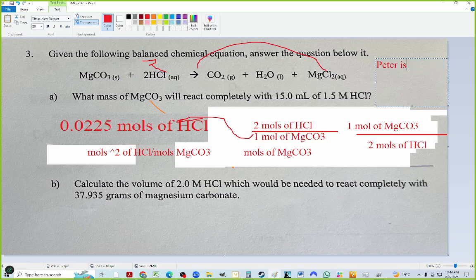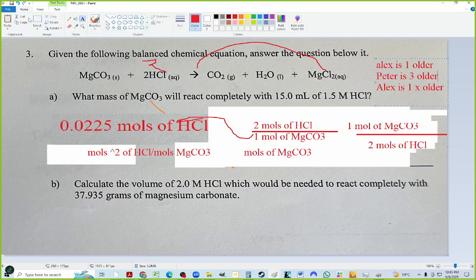Peter is 3 times older, Alex is 1 time older. But I can flip that fraction upside down. Alex is 1, Peter is 3, and it works as a fraction, 1/3, as well. It doesn't matter. It depends what I'm looking for.